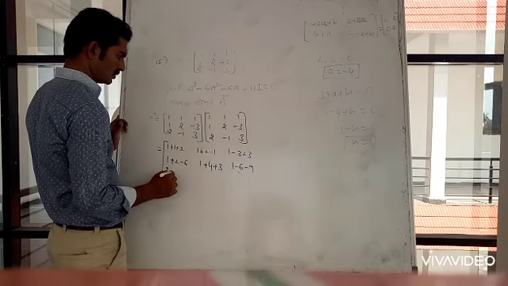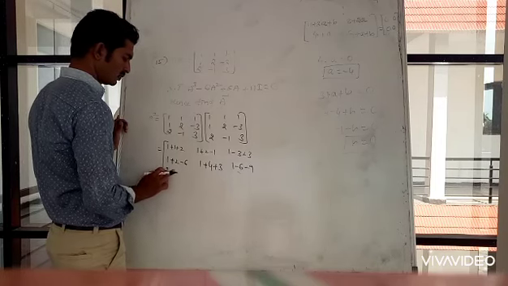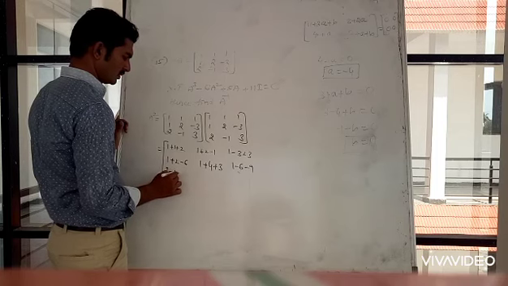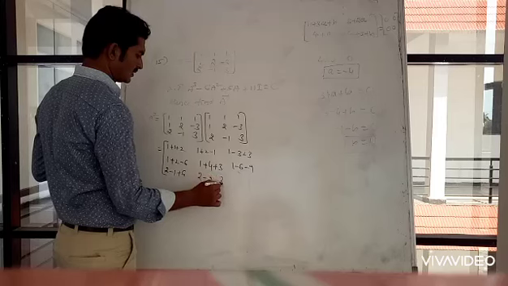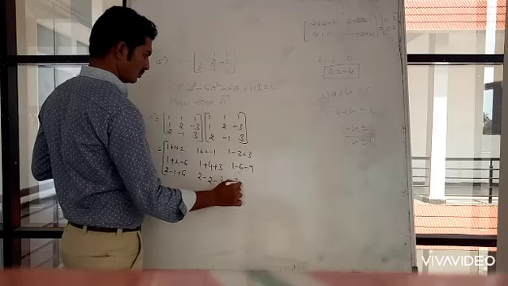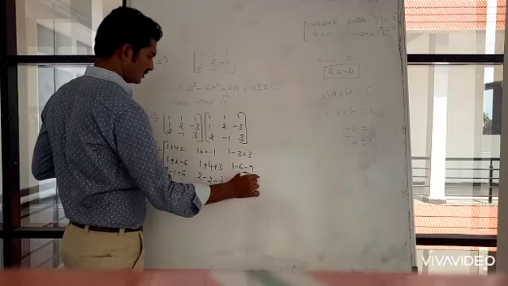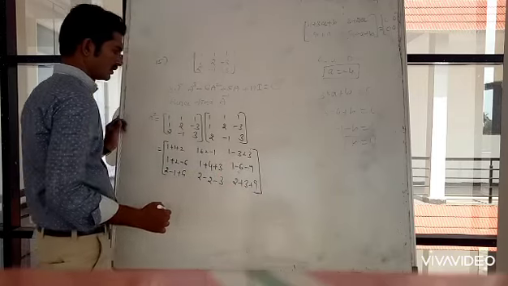Then 2 plus 2 minus 1, plus 6, 2 minus 2 minus 3, 2 plus 3 plus 9.